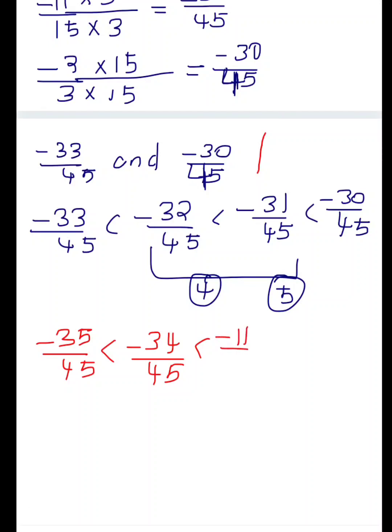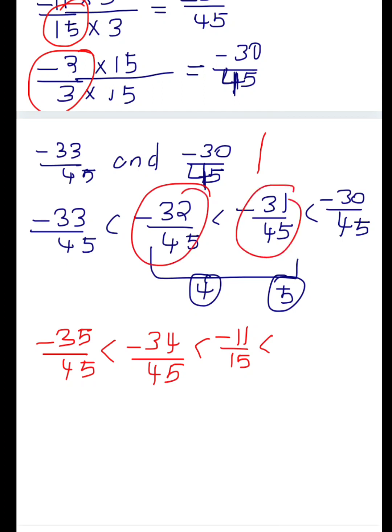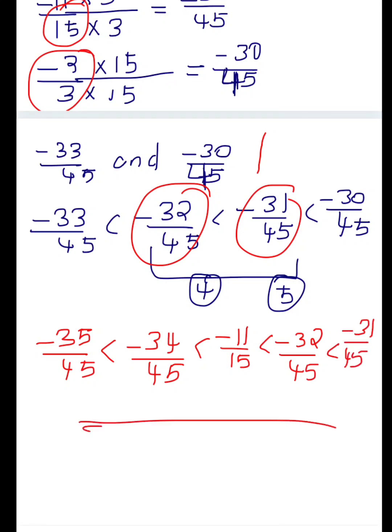And in between minus 11 by 15 and minus 2 by 3 we have found two numbers. What is that? Minus 32 by 45 and minus 31 by 45. So these are the 5 rational numbers in between minus 4 by 5 and minus 2 by 3.